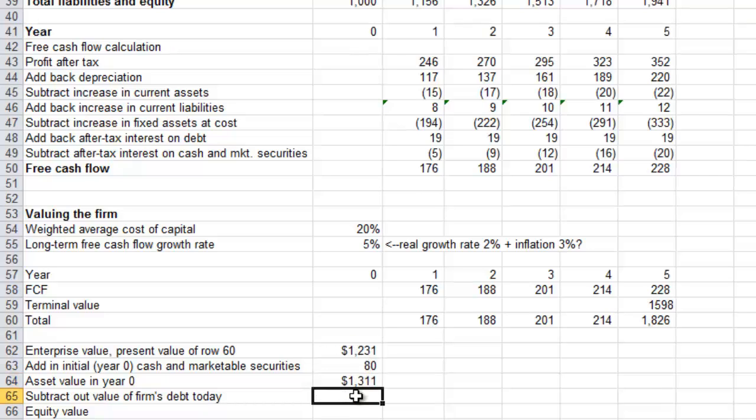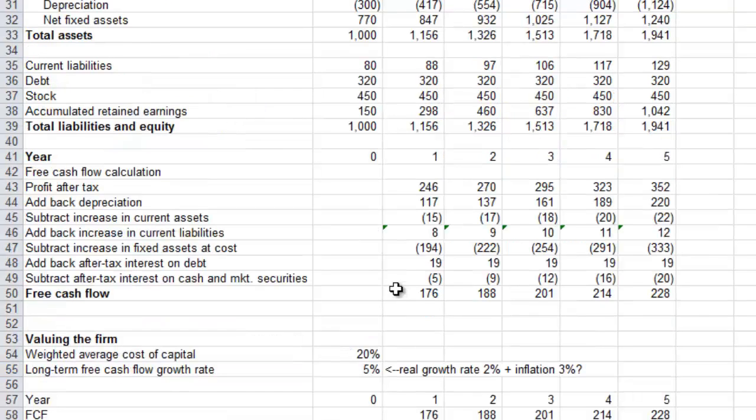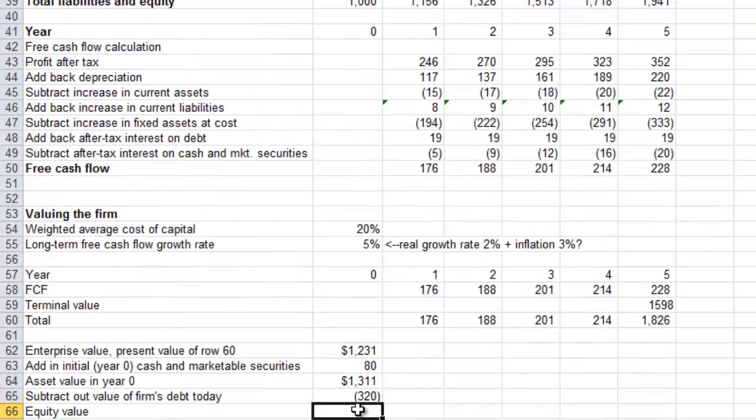Subtract out the current value of the debt of the firm, which is our 320 from our balance sheet, and so the equity value of the firm then would be the difference there, or 991.